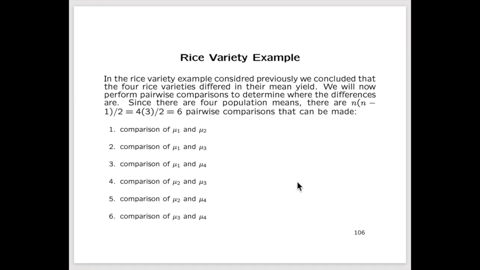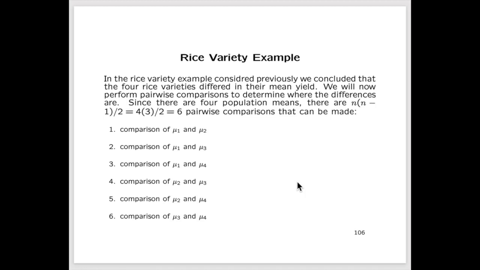Okay, so let's look at an example. Let's apply this to the rice variety example that we've been looking at. In the rice variety example considered previously, we concluded that the 4 rice varieties differed in terms of their mean yield.